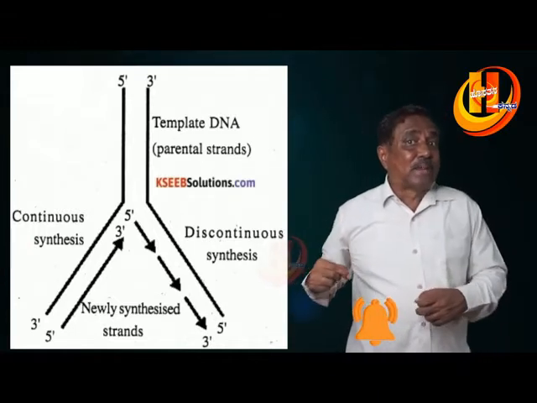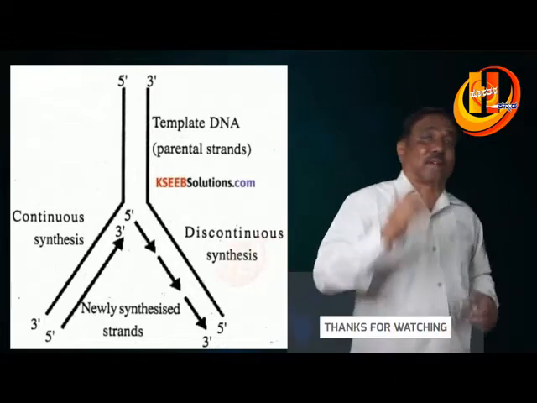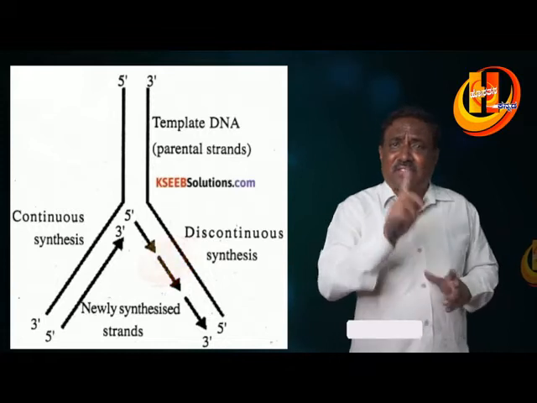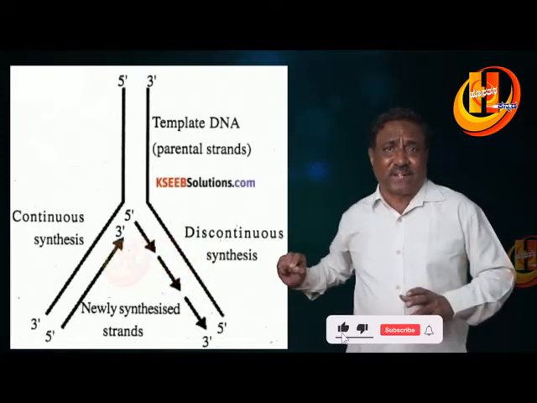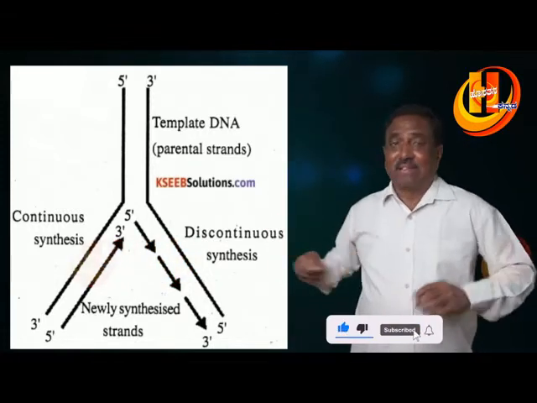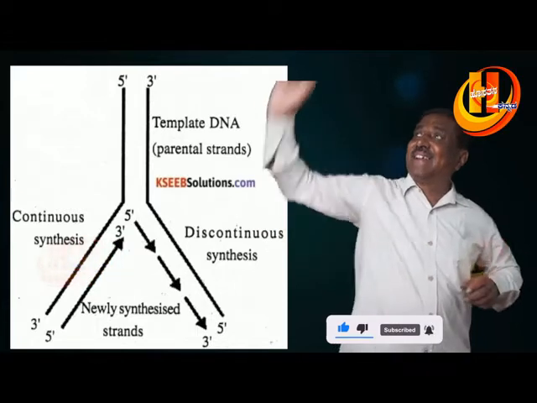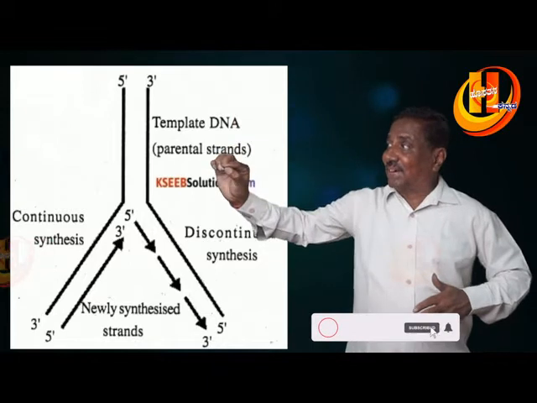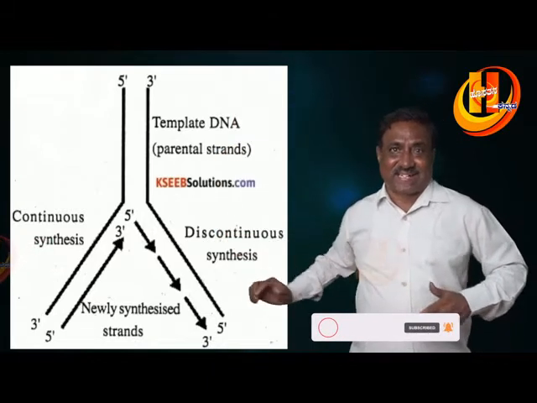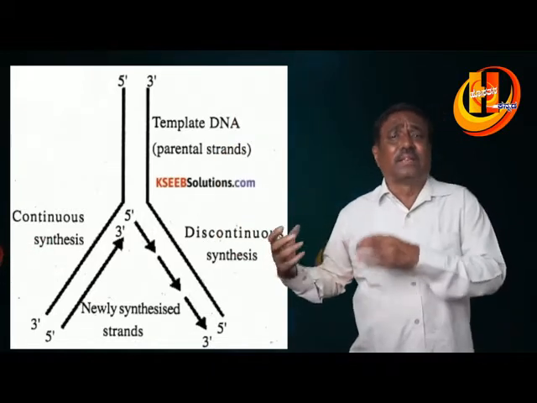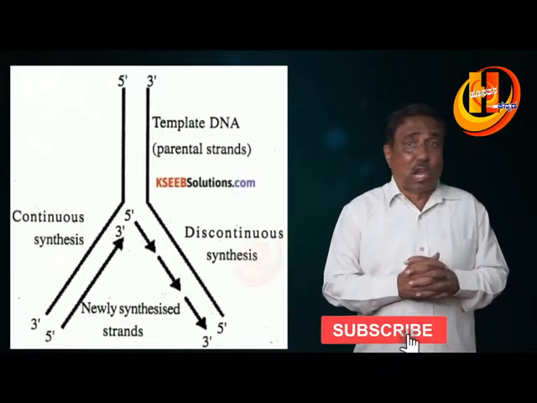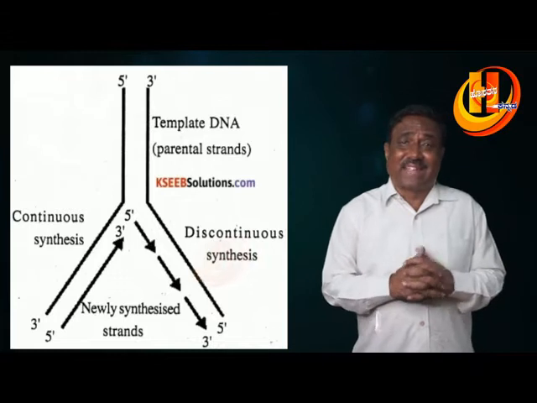Opposite to this, discontinuous strands called Okazaki fragments are given off from 5' end to 3' end. Later these Okazaki fragments are joined by the ligase enzyme.